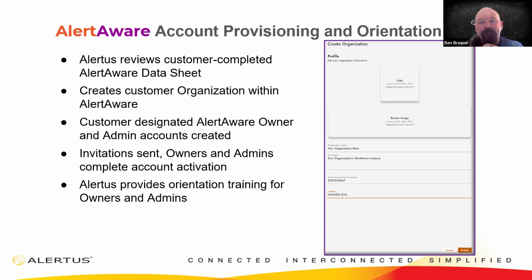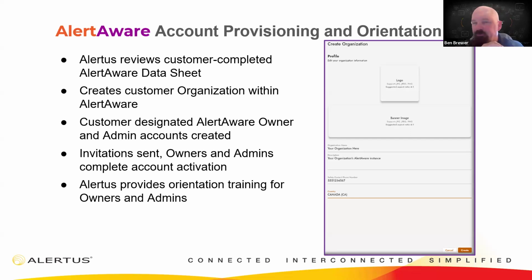A big part of this as well is that based upon that data sheet you provide us, we will enter those individuals as your system owner and system admins, and our process is a little bit unique. For those of you that have invited users from the Alertus notification system, you have the ability to generate an email that goes out to those individuals to invite them to finalize their credentials and establish their account.